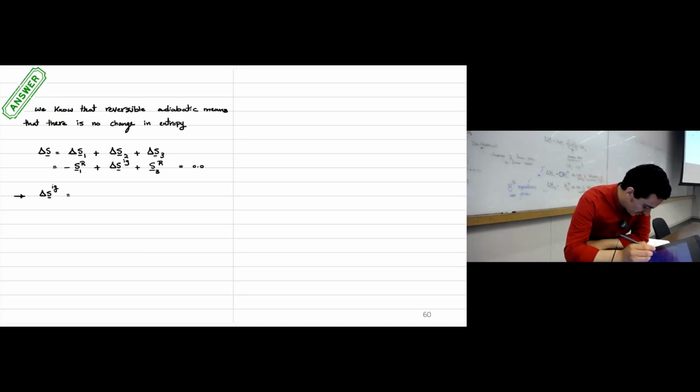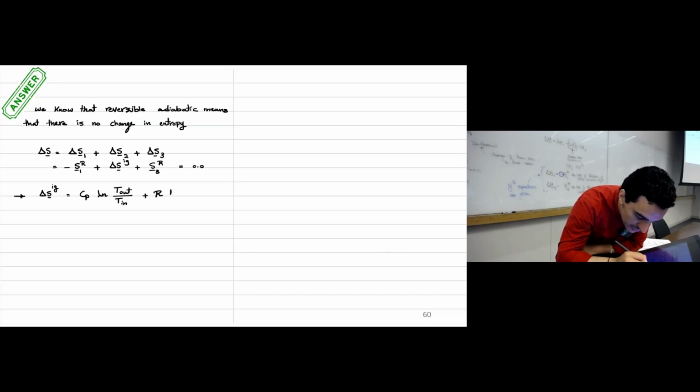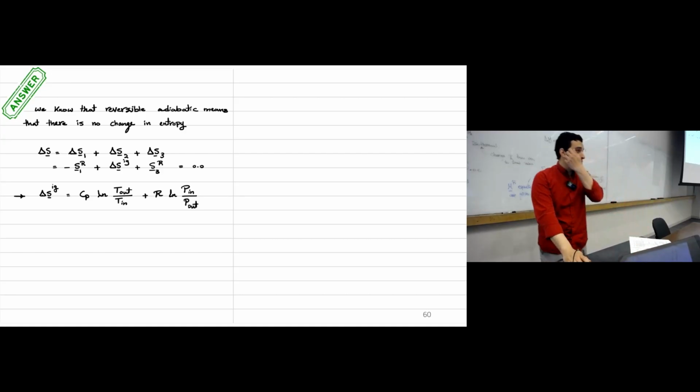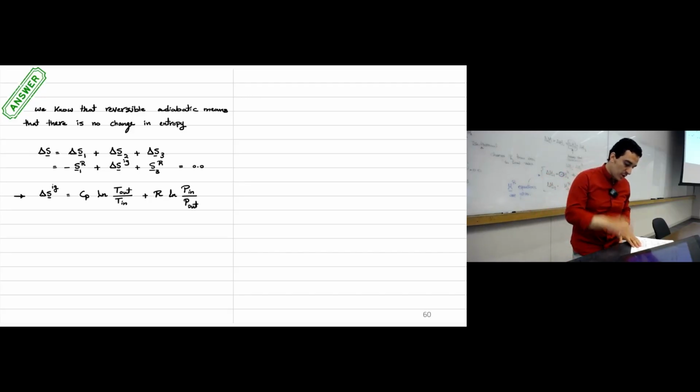In chapter 4, we said that in order to find entropy, delta S of ideal gas is Cp ln (T2 over T1), or let's call it T out over T in, plus R, the ideal gas constant, ln (inlet pressure divided by outlet pressure). So this was a given equation from chapter 4, and this is the first equation that we will use.